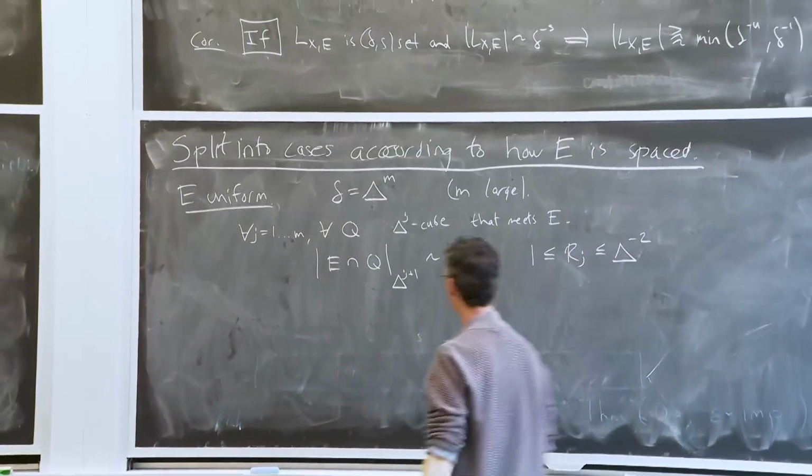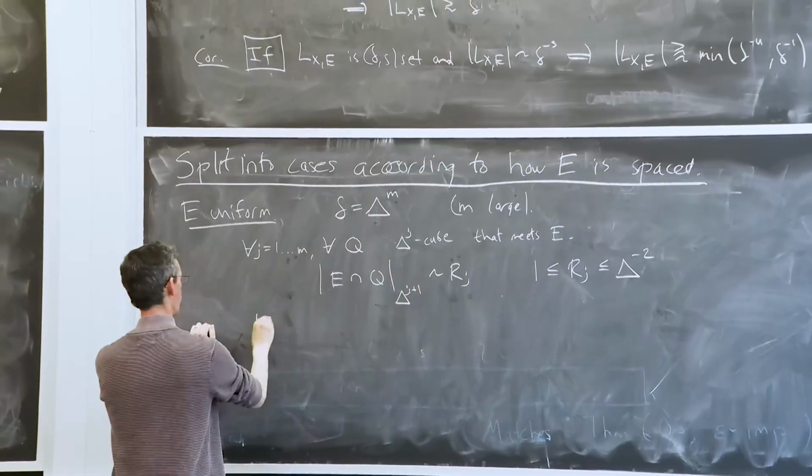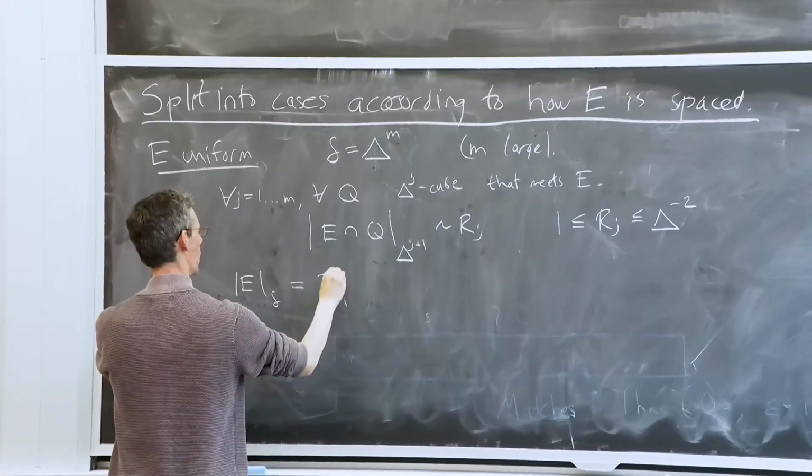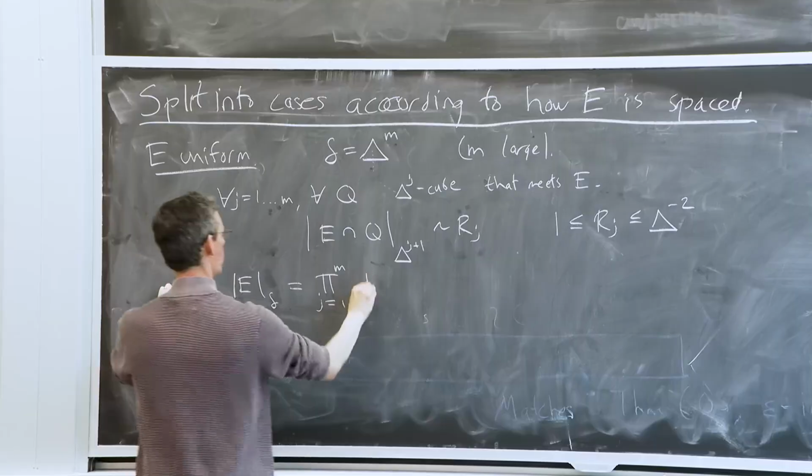Let me say a little bit more. So the delta covering number of E is going to be the product, j equals 1 to m, of r_j.